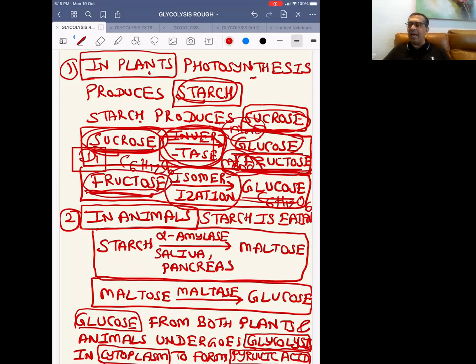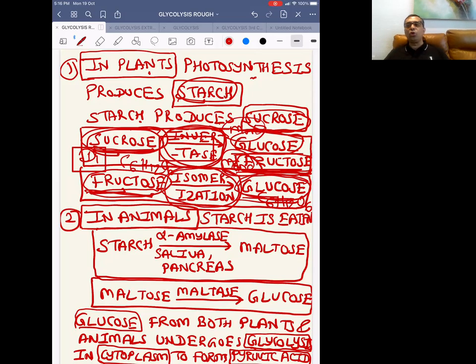So fructose क्या करेगा? Undergoes a structural change. उसके कार्बन हाइड्रोजन ऑक्सीजन rearrange हो जाते हैं and it forms a molecule called glucose, and that rearrangement of carbon, hydrogen, oxygen is a phenomenon called isomerization. याद रखना, आपको ये केमिस्ट्री में भी काम आएगा.